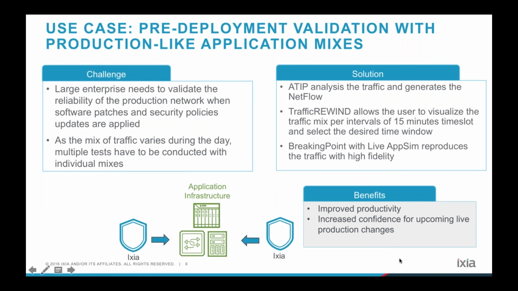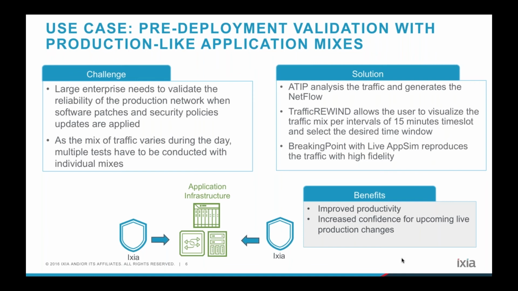Think about large enterprise, for example, which need to validate the reliability of the production network when adding or replacing network devices, for example, next generation firewalls or IPS or IDS, or when they are trying to upgrade to a new software version of existing infrastructure elements.